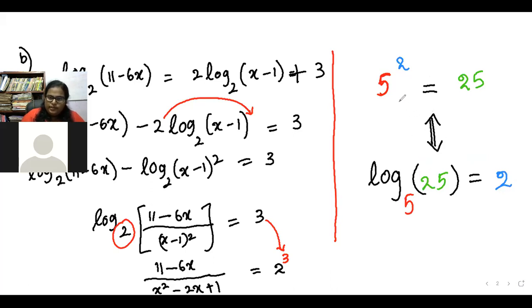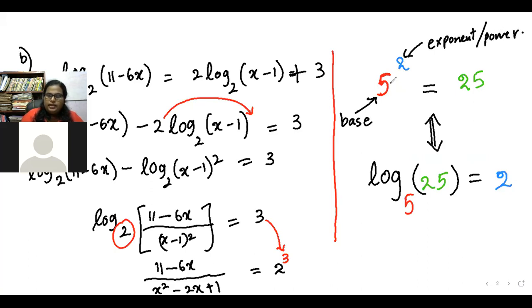So this is the format. 5 to the power 2 is equal to 25. Here you can see this is the base, we call this the base, right? And this we call the exponent or power, right?